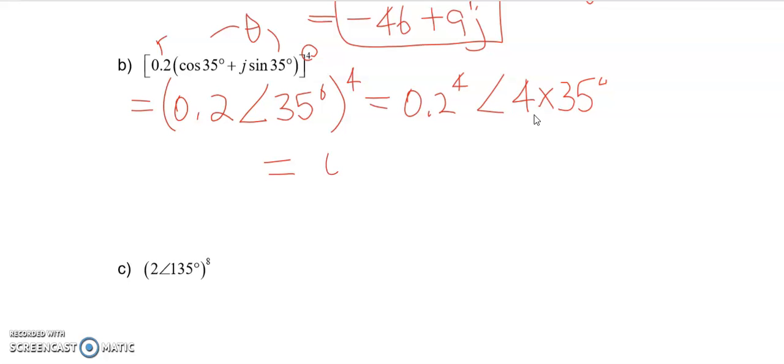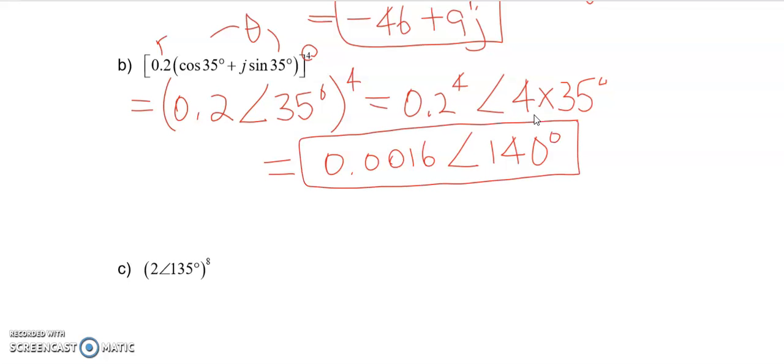And what I get is 0.0016. So it's a small r in front, very small. And 4 times 35 degrees, I'm pretty sure you're going to get 140 degrees. Now, you can leave your answer looking like that, even though it doesn't quite look like the original problem. It's in polar form. You can expand it if you want, but it's quite okay to leave it like that.